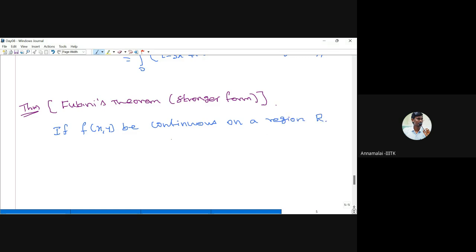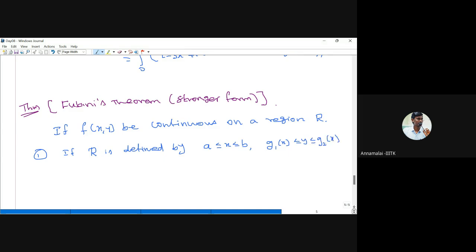first, suppose R is defined by X bounded by a and b, but Y is bounded by some function of X: g1 of x less than or equal to y less than or equal to g2 of x.